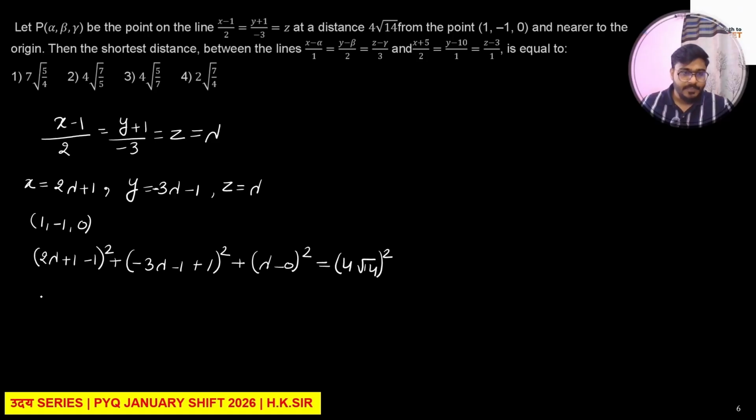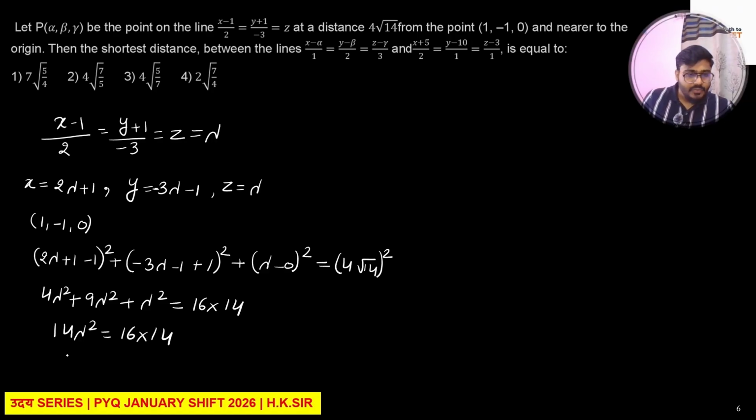Now after this, 2 lambda whole square means 4 lambda square plus 9 lambda square plus lambda square equal to 16 into 14. Okay, 14 lambda square equal to 16 into 14. So from here we can say lambda equal to plus minus 4.